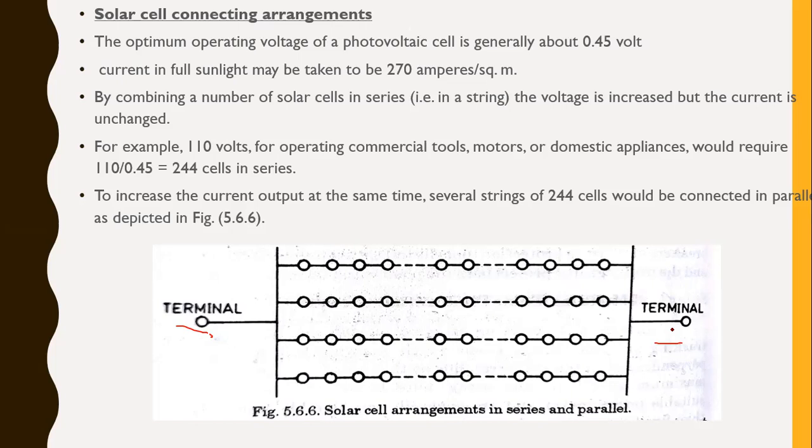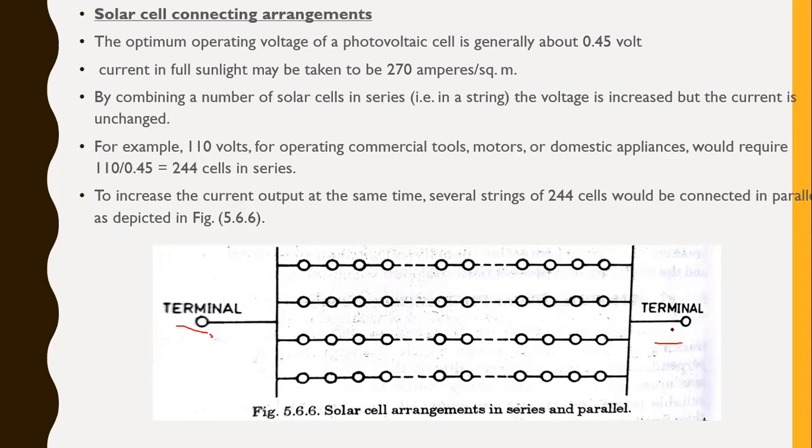So per 1 square meter we are getting a current of 270 amperes. Suppose the exposed area of a cell is, for example, 40 square centimeters. If you convert that into meters, it is 40 into 10 power minus 4 square meters, right?